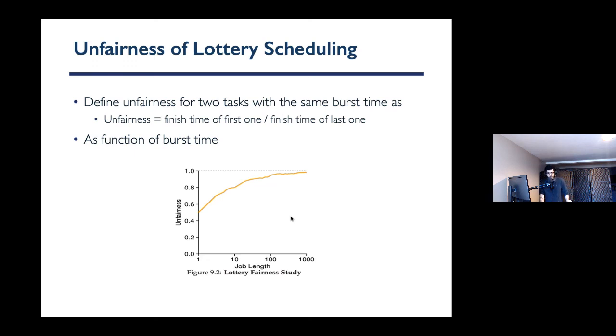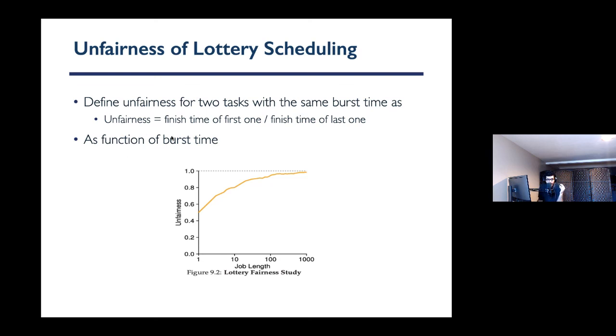So let's define unfairness for 2 tasks with the same burst time. Let's assume that we have 2 tasks. They have the same burst time. And we want to measure the finish time of the first one divided by the finish time of the second one. So if they both finish at the same time, then this becomes 1.